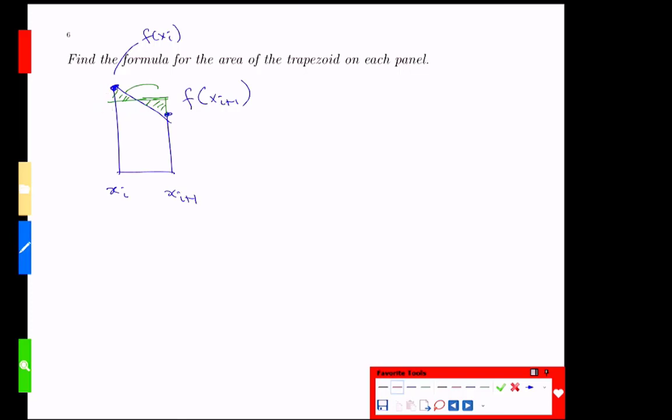So if we cut halfway, actually let's do this graphic style here. This length here is going to be the same as that length there. And that means we're going to have a rectangle whose height is halfway between the first height and the second height. If I've got something that's halfway between the two things, it's going to be the average of f of xi and f of x at i plus 1.